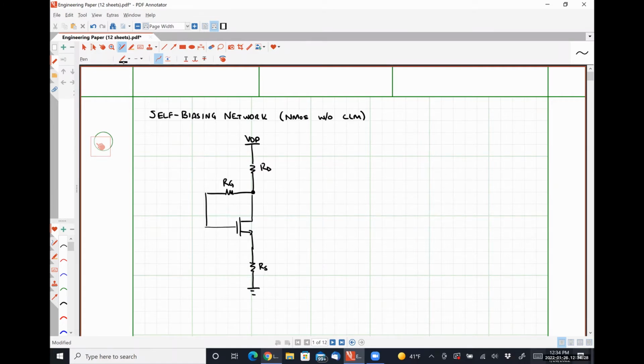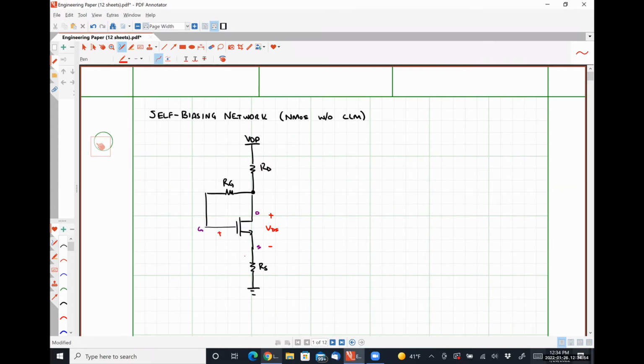And let's see. I'm going to identify my terminals just so we're all on the same page. So this is our gate, drain, and source. So our potential quantities of interest here are VDS. We need to know what that is so that we can make sure we're operating the way that we think we're operating.